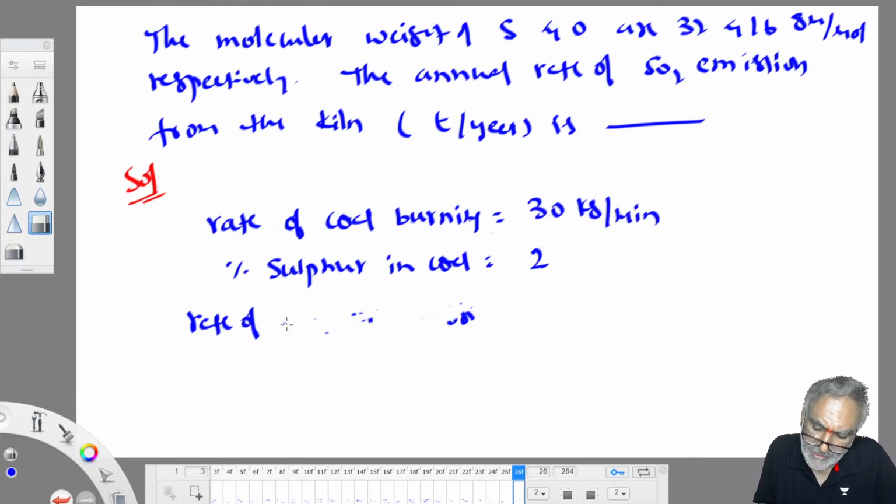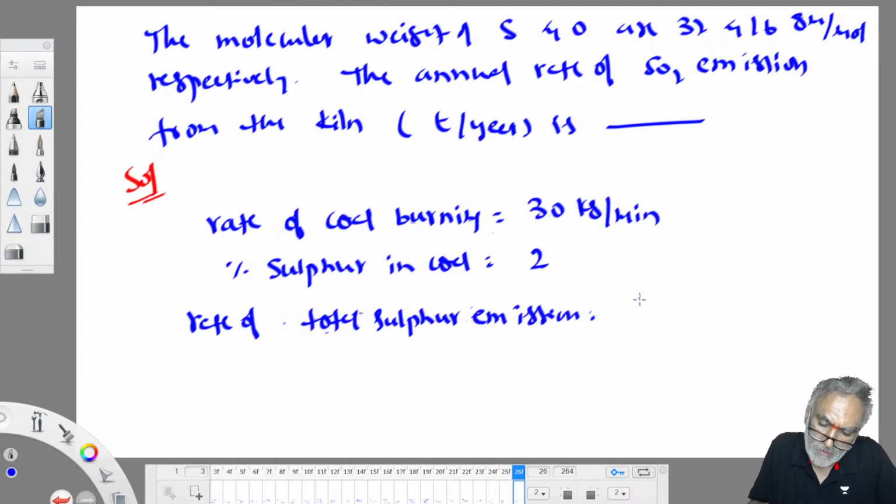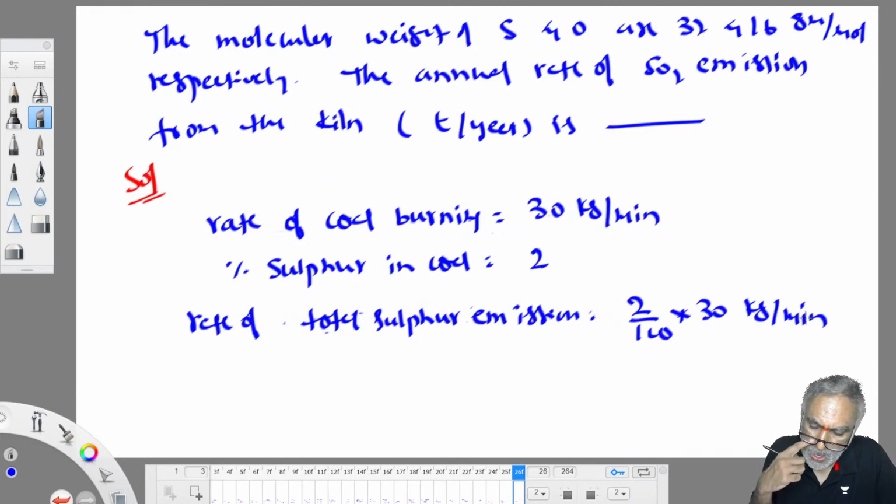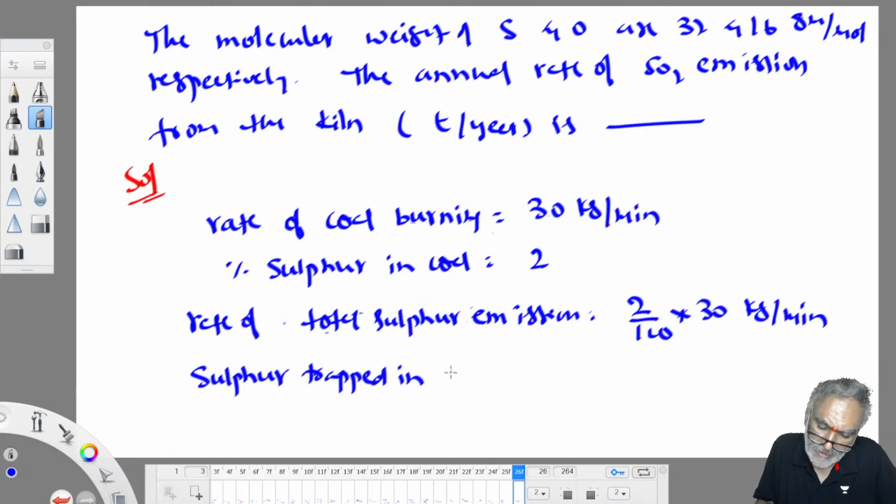How much sulfur is emitted from coal? So 2 by 100 into 30 kilogram per minute. So sulfur trapped in ash. Sulfur in ash is equal to 6%.